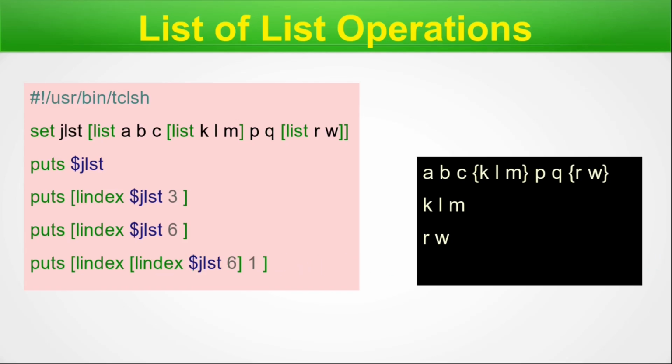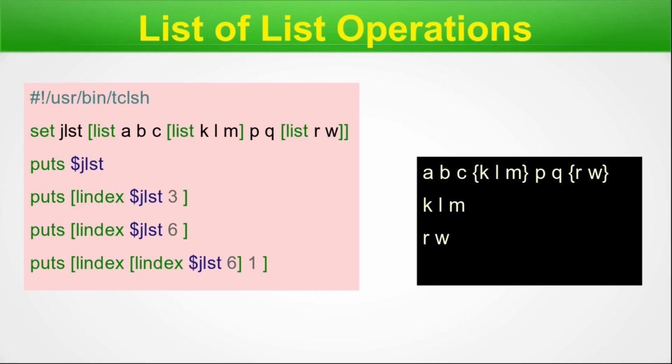Now we are doing another level of manipulation. That is, we are using a nested structure of commands here in TCL using 2 levels of square brackets. Here what we are doing is lindex, and the first inner bracket will be executed, and then the output goes to the outer one, and so on.